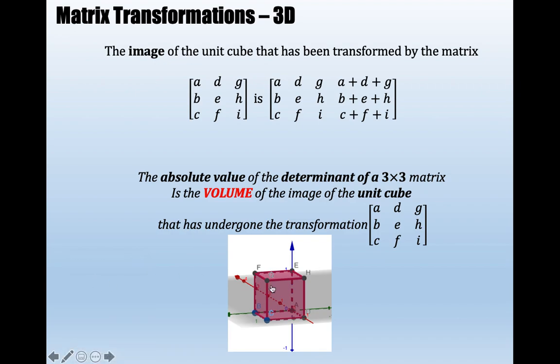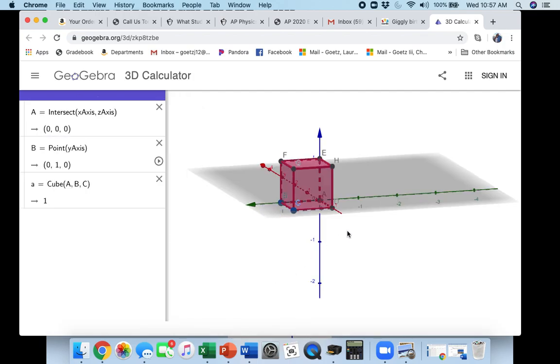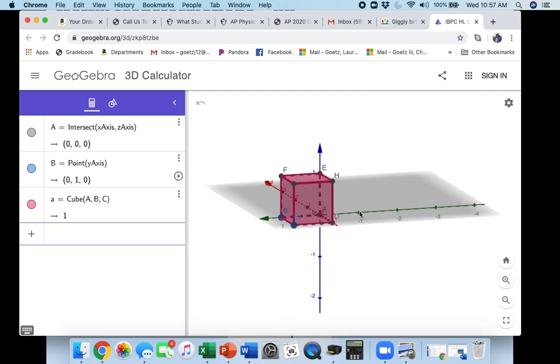I had just gone to this GeoGebra sketch of my unit cube, where I have the 3D unit vectors 1, 0, 0, 0, 1, 0, and 0, 0, 1 on the X, Y, and Z axes, and then also the position vector 1, 1, 1.